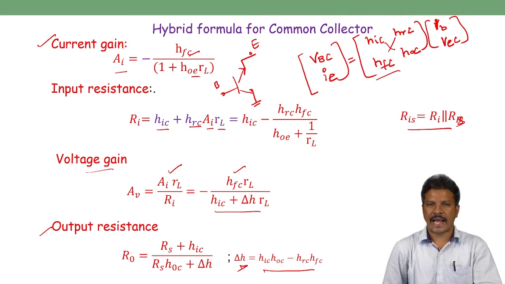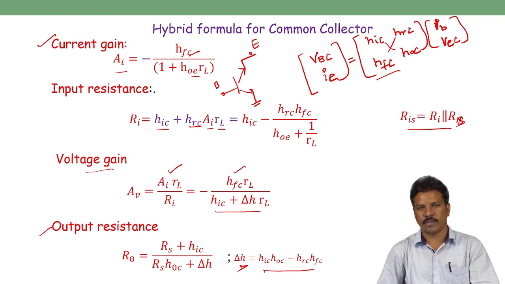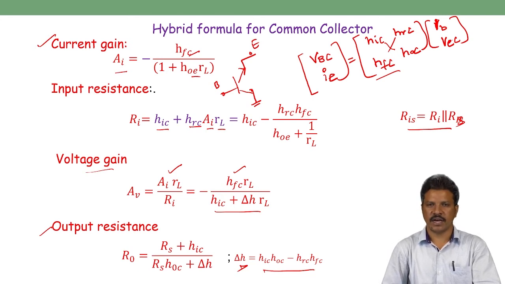These hybrid formulas are helpful to find the input impedance, output impedance, voltage gain and current gain for any transistor amplifier: CE amplifier, CC amplifier and CB amplifier. So we consider a transistor H parameter model along with the extra biasing circuit, source voltage, source internal resistance and RL.